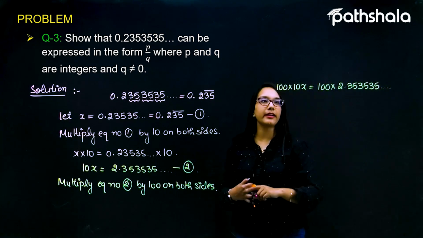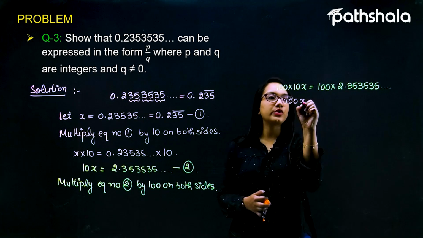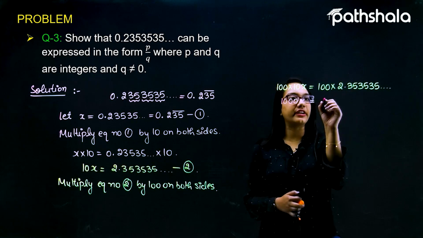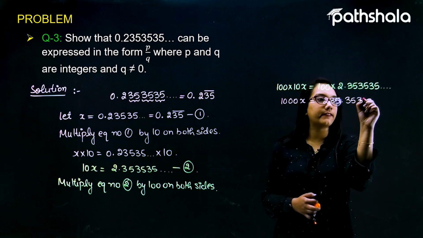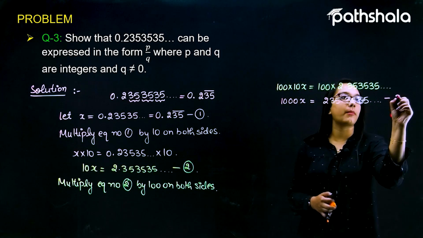Now let's multiply it. We will get 1000x, which is equal to, after multiplying with 100, the decimal point shifted, 235.353535 and so on. Let us call this equation number 3.